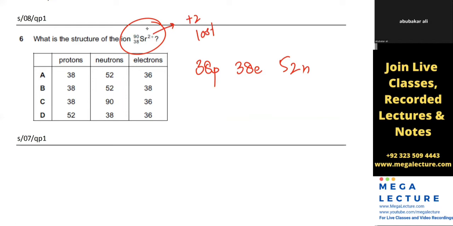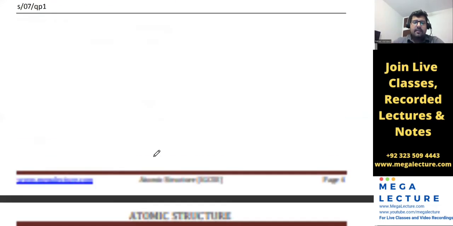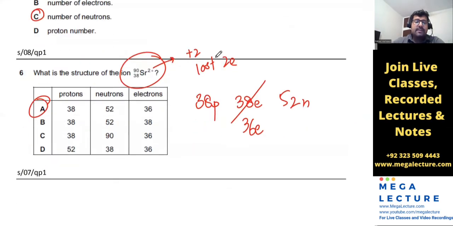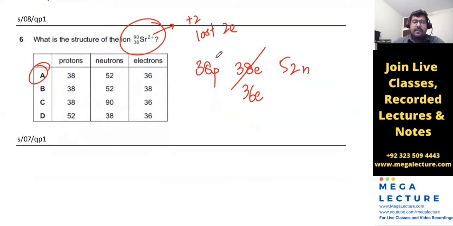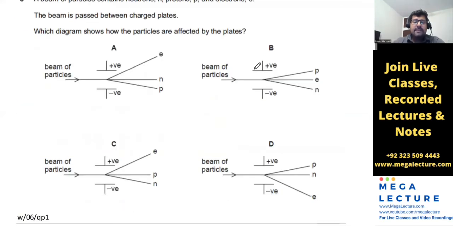So the answer is E. Remember, plus 2 means it lost 2 electrons, right? The atom would have 38 electrons, but it lost 2 electrons, which is why it has a plus 2 charge.